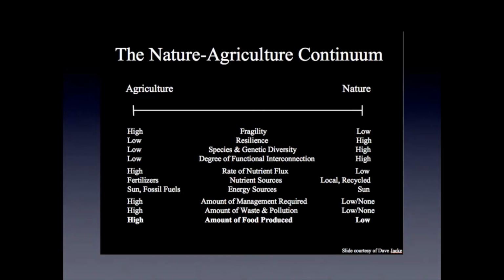So in nature, there is really low fragility, meaning that things just want to grow, even in soil that is incredibly denuded. Whereas in agriculture, if there's an extreme weather event or people lose their cropland, especially in this monoculture agriculture we have in North America, it's really vulnerable to fragility.